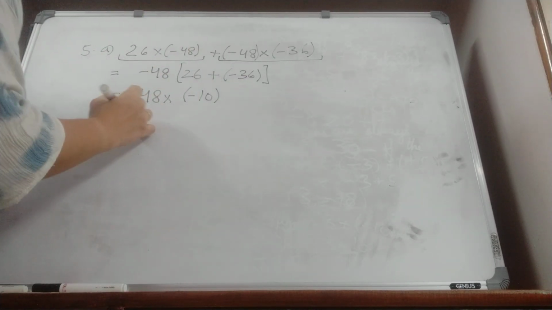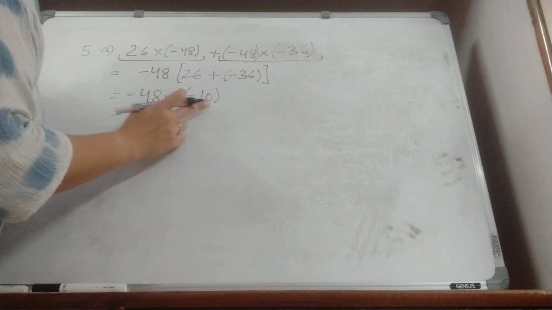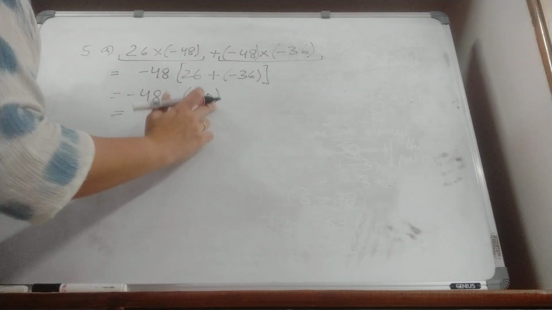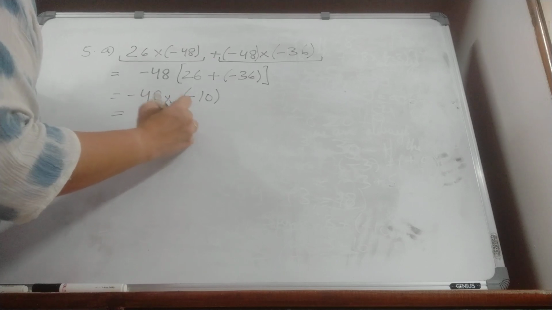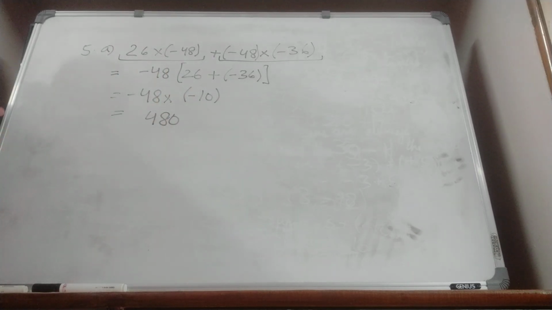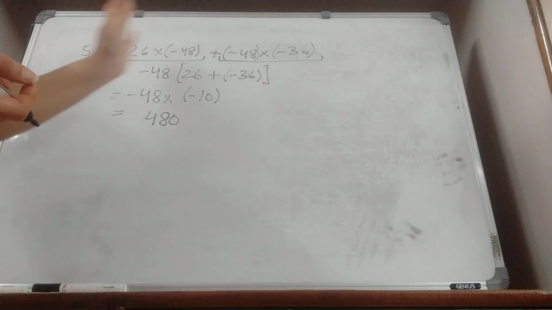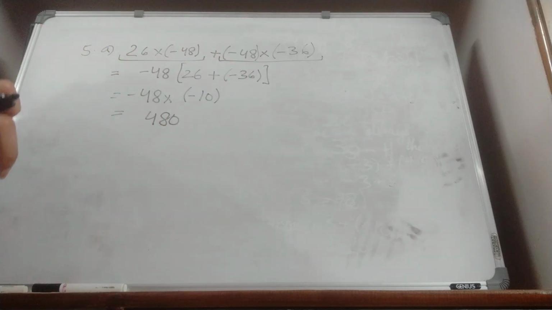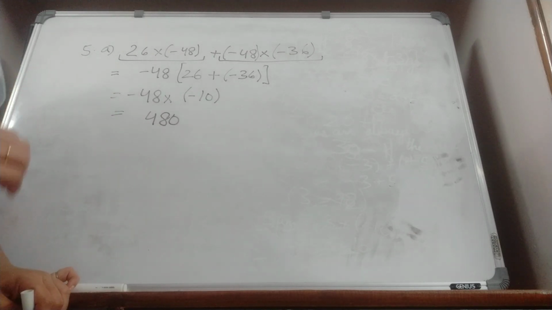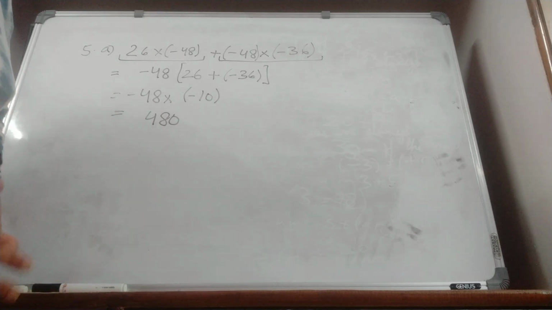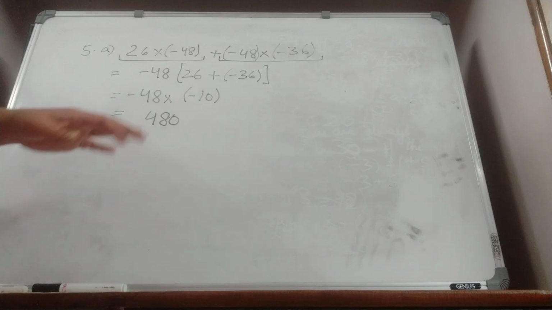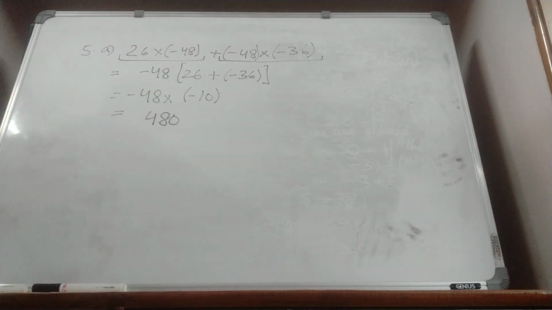Okay? And minus 48 into minus 10, first ignore the negative sign, it is 480, and then you have 2, so it will be positive. So the answer is 480, which if you normally multiply and see, it will be a very, very long answer. And moreover, it is clearly written using suitable properties, so you have to do it this way. Okay, so this is the A part.